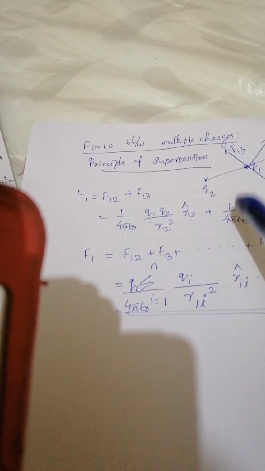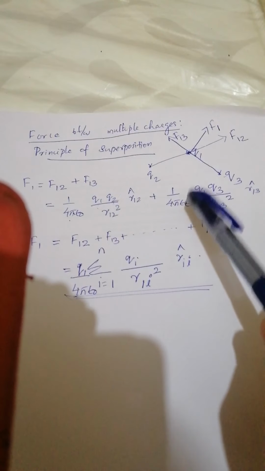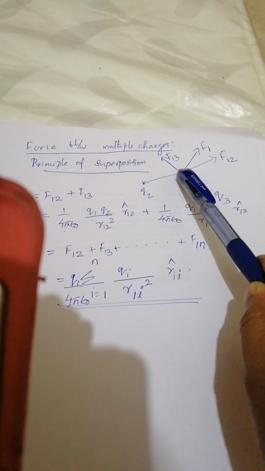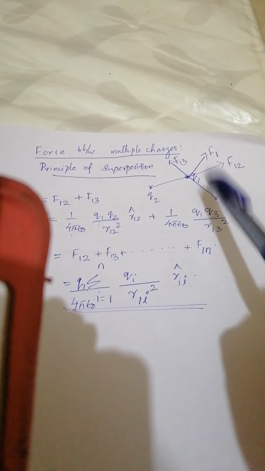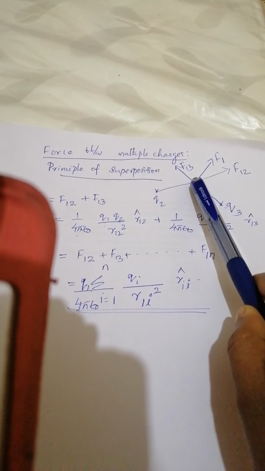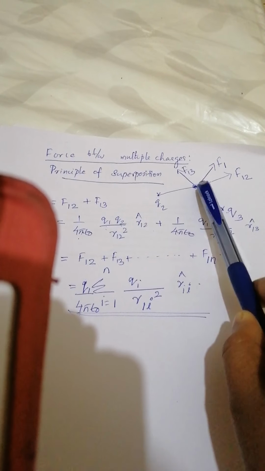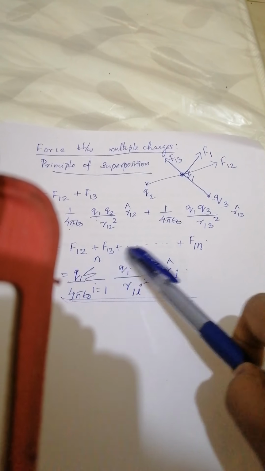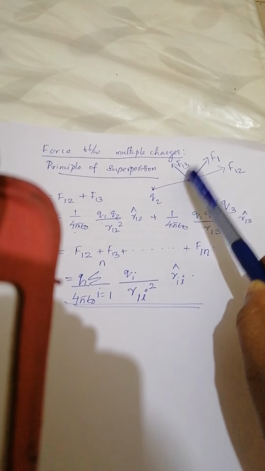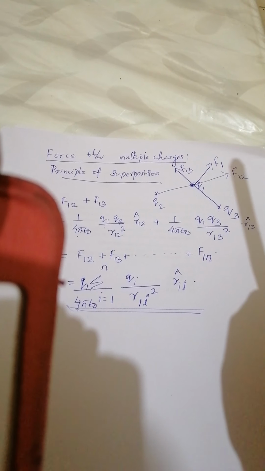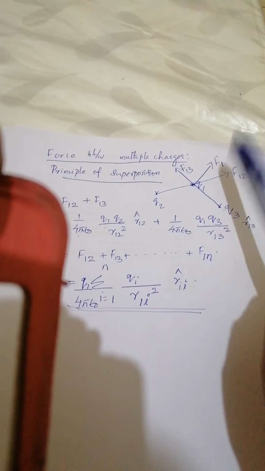This is called the principle of superposition, that is, force on any charge due to a number of other charges is the vector sum of all the forces, F12, F13 plus etc., on that charge due to the other charges.